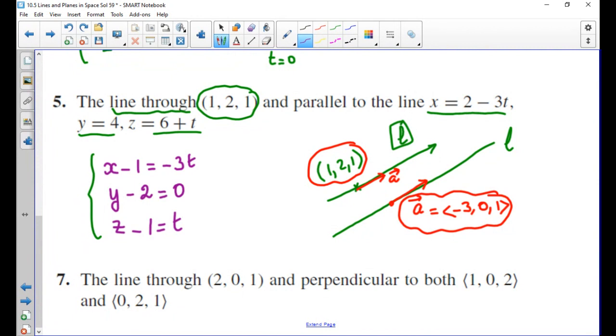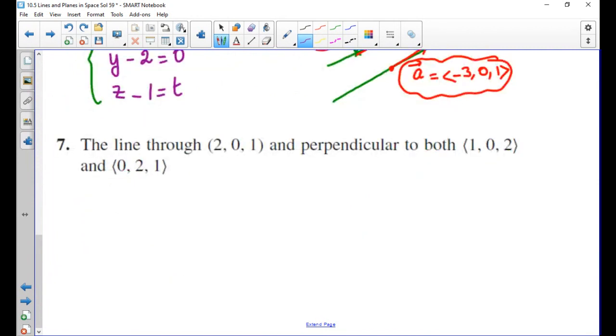now here we have the line through 2, 0, 1, perpendicular to two other vectors. So I have a vector u, I have a vector v, so we have two vectors, u, v.